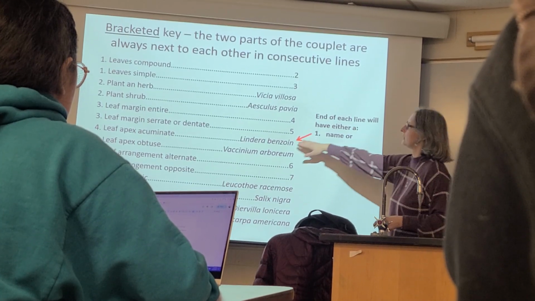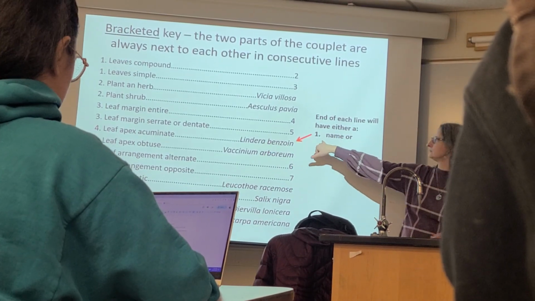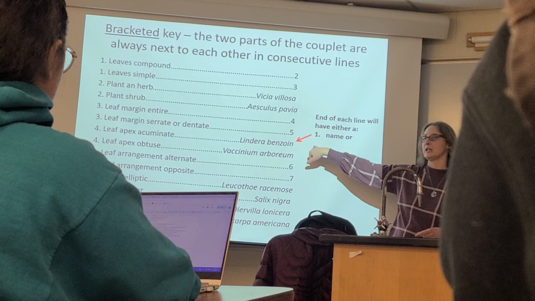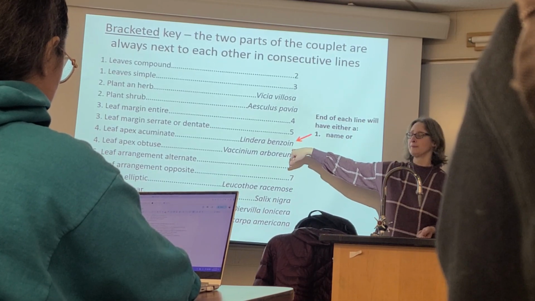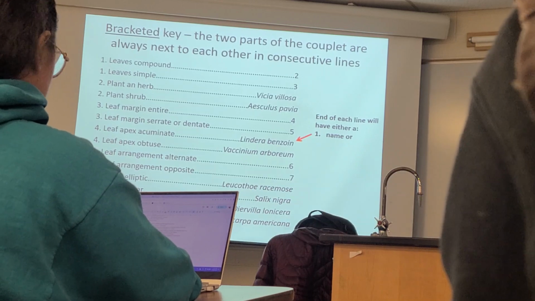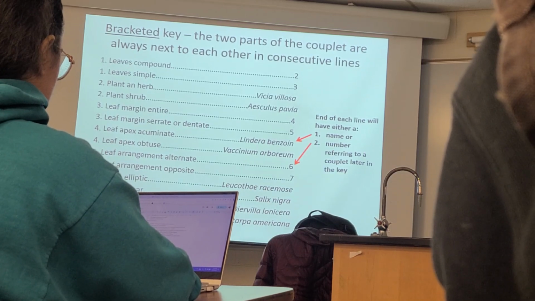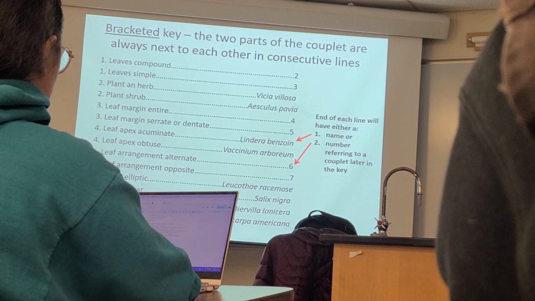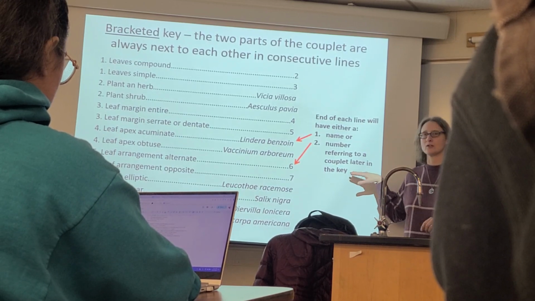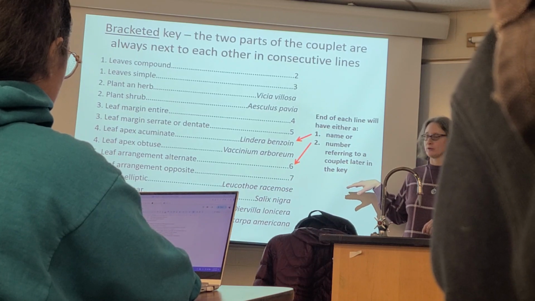Each one of the lines will end in either a name. That name could be a family, a genus, or in this case a species. Or you'll see the other option is to end in a number. That number is referring to a couplet later in the key, and that's your path of where you're supposed to go.